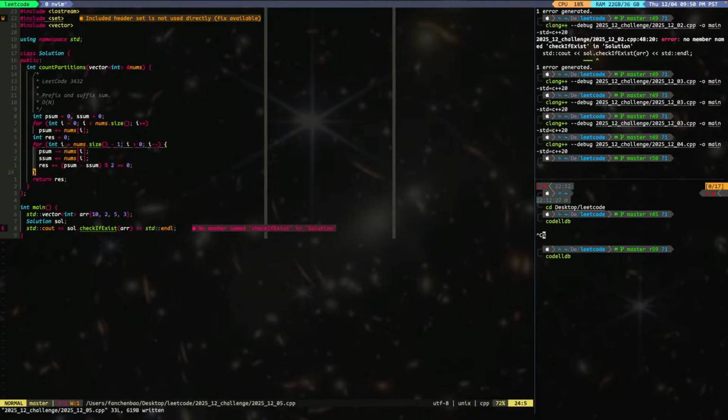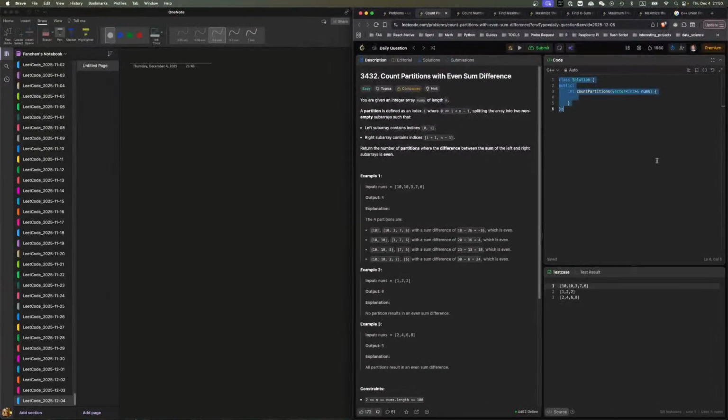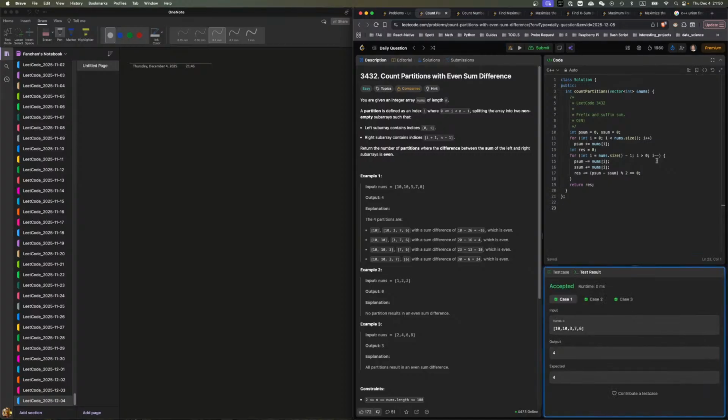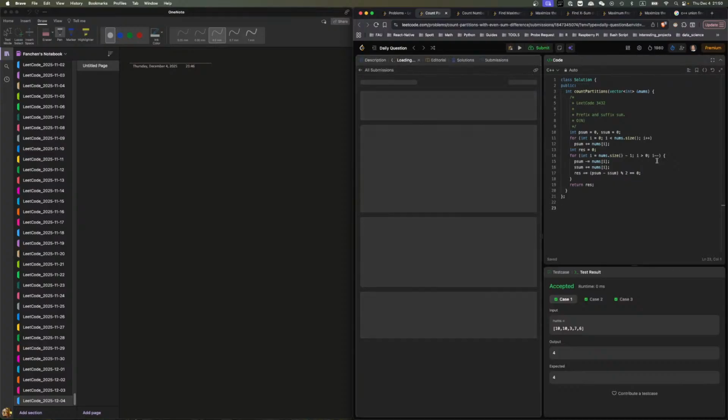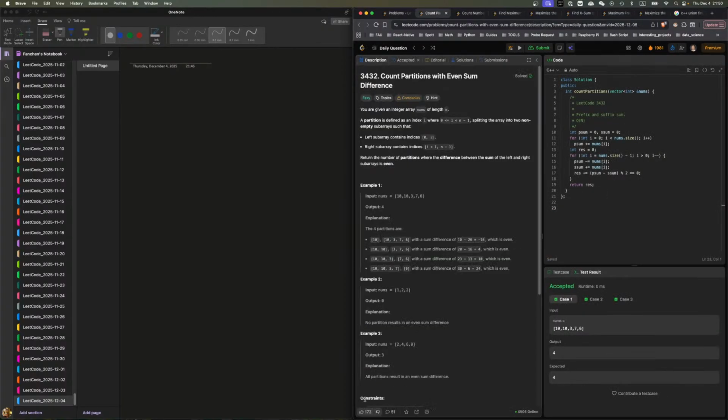So we'll do the i equal to 1. So I remove, add, and that's it. Looks good. Pretty simple. Okay, we're done with this.